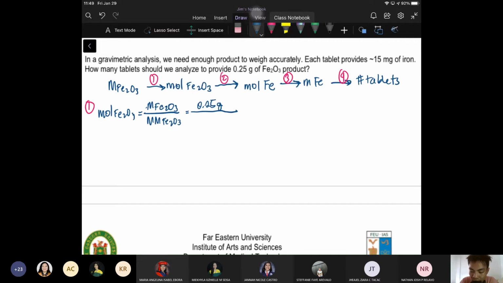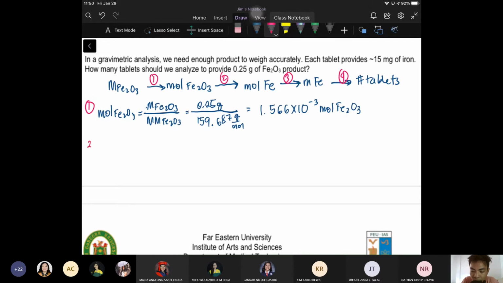So the molar mass of iron 3 oxide is 159.687 g/mol. Okay? So kunin natin three decimal places. 1.566 times 10 raised to negative 3 moles of iron 3 oxide. We're done with step 1.